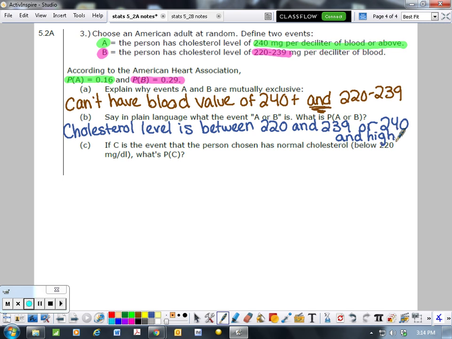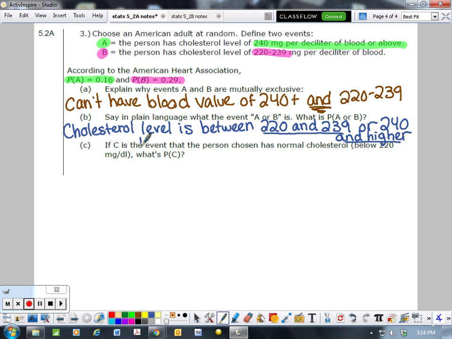We could even say that A or B is the cholesterol level is 220 or higher, because that really takes over the whole thing. So if you want to go just straightforward, this is my A, this is my B, or backwards, B and A, or you can envelop it in one idea.